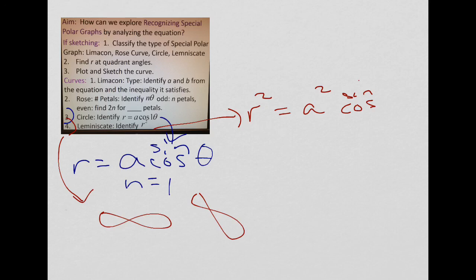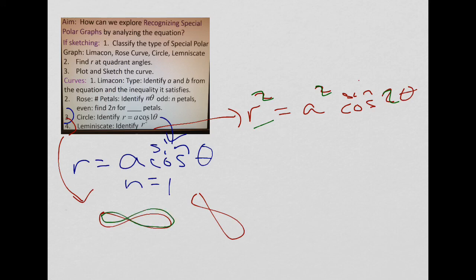And n is not 1, and it's not any number, it's actually 2 times theta. So this graph really likes the number 2 a lot. But the main thing is that r is being squared, so we could get both pieces of our curve and it kind of comes around.